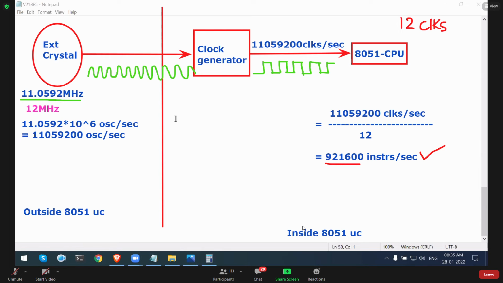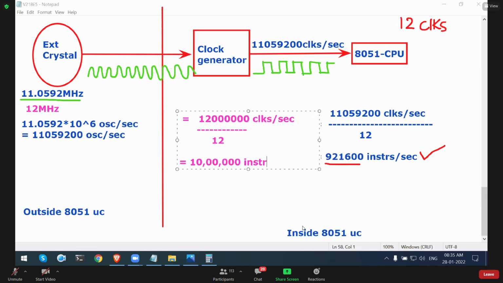The clock generator will generate 12 megahertz clock pulses in 1 second. 12 megahertz is nothing but 12 into 10 power 6. So if these many clock pulses are coming in 1 second and you divide by 12, then this count becomes 10 lakhs.